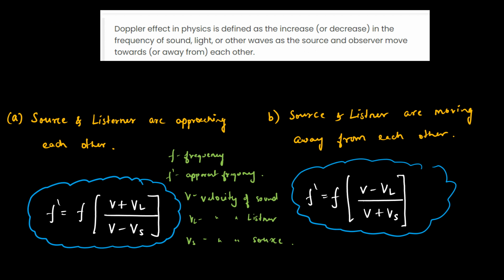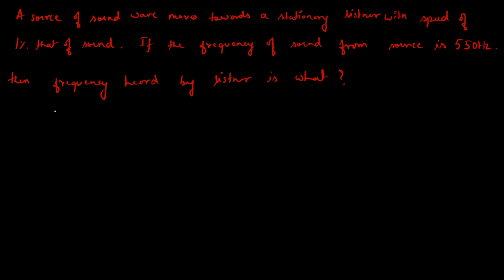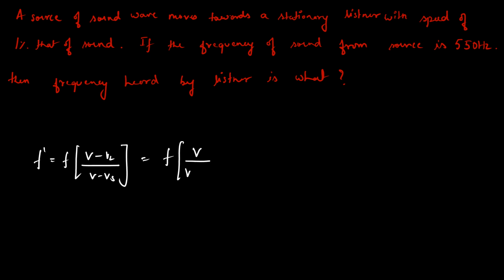Which is the formula? Option A, as in the first one. Yes, correct. F dash is equal to f multiplied by (v minus vl), for a stationary listener, vl will be equal to 0. So I can write this as f multiplied by (v plus vs), sorry, here plus.